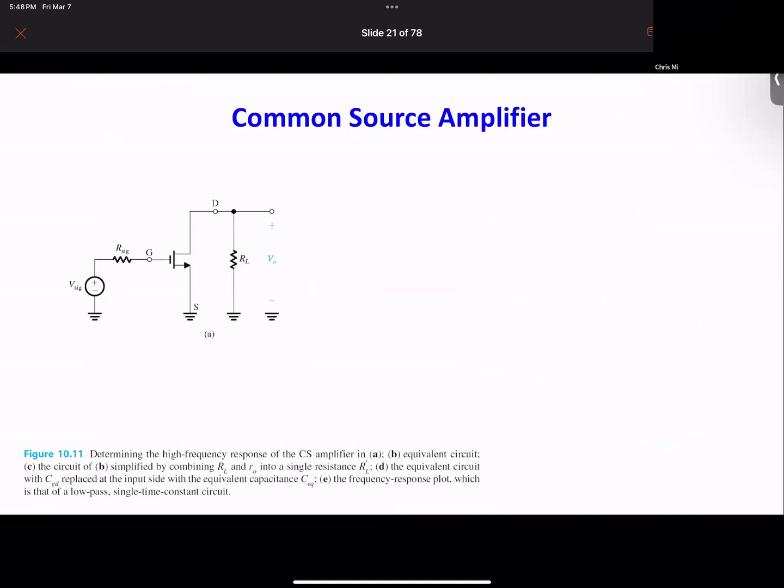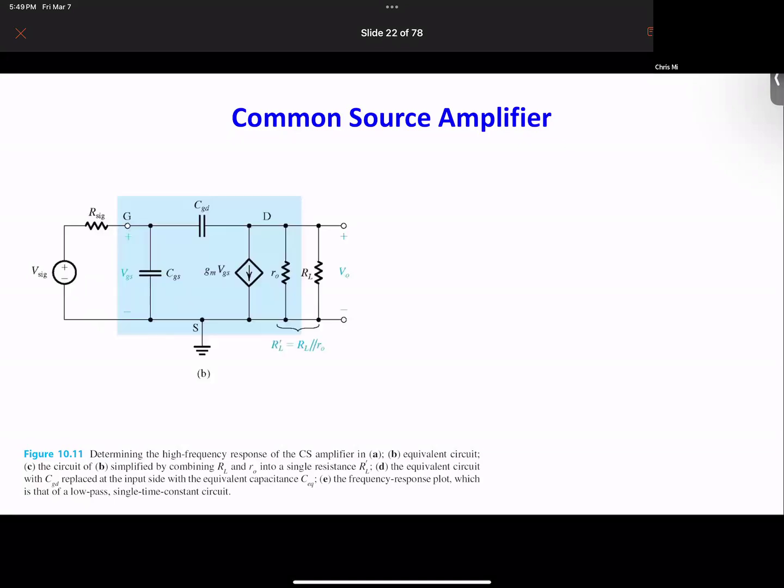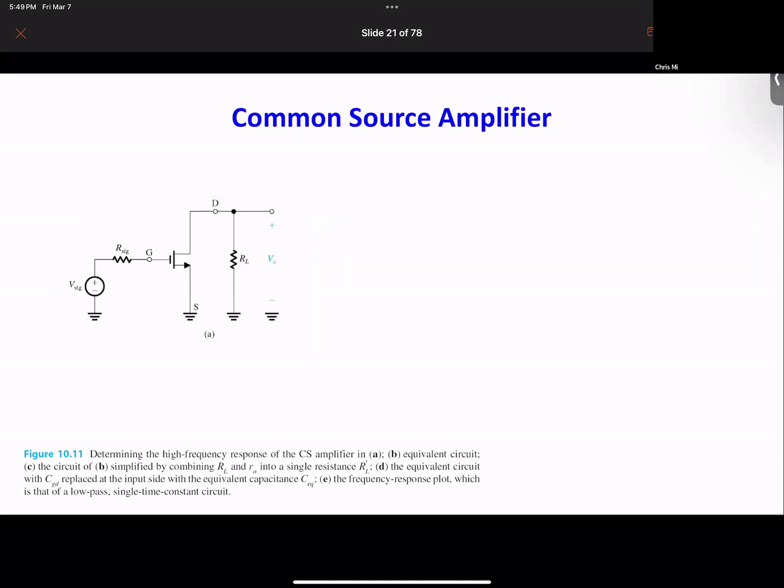Now we look at if we have a resistance at the load, and also a resistance, the input resistance of the source, and see what happens. We want to find the voltage gain now, and plot the gain as a function of frequency. In order to do that, we need to draw the small signal equivalent circuit.